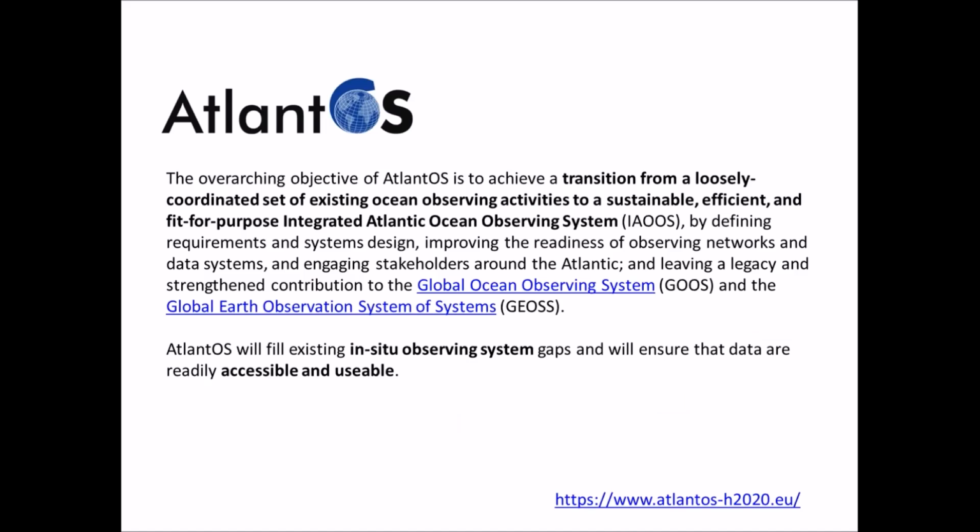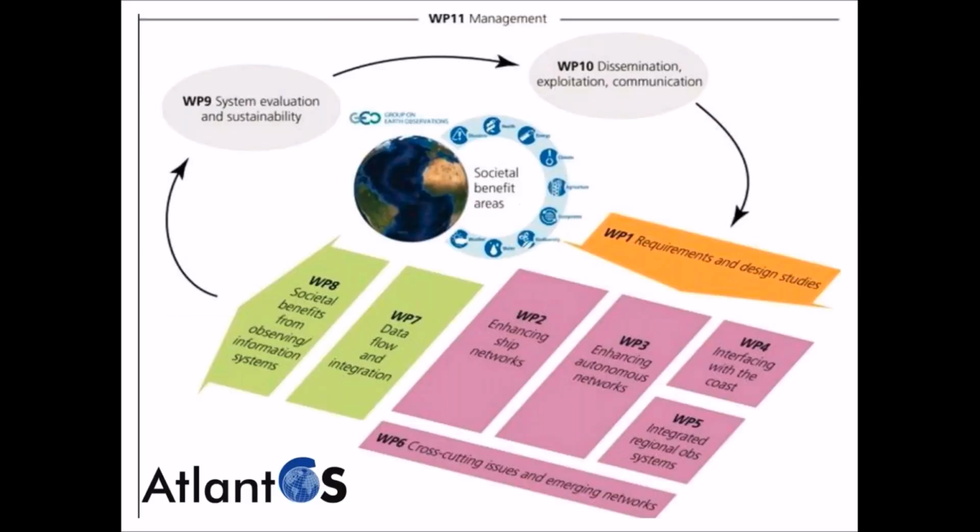The idea is to bring together a wide set of existing ocean observing activities and consortia to start sharing data, to give a global picture of that oceanic ecosystem, and then feed back into groups such as GOOS or GEOSS, large groups concerned with keeping the data as harmonized as possible to give a more global picture of ecological dynamics.